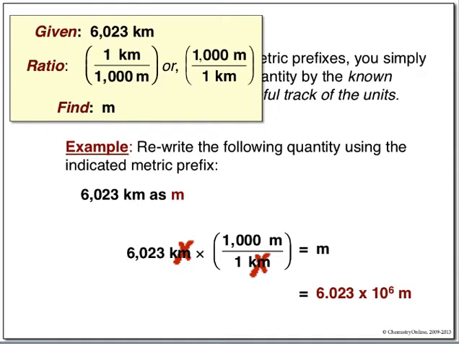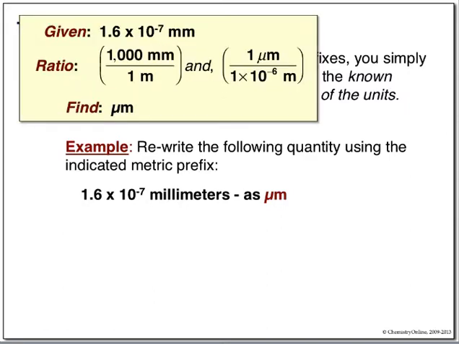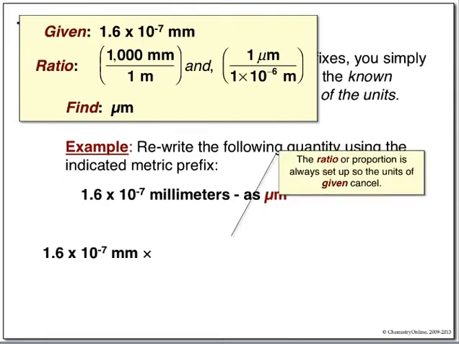Let's do this again. Here we're going to convert millimeters to micrometers. We need 2 ratios, one for milli to meter and one for meter to micro. Our given is our 1.6 times 10 to the minus 7 millimeters. Here are a couple ratios. I'll start off with our given.